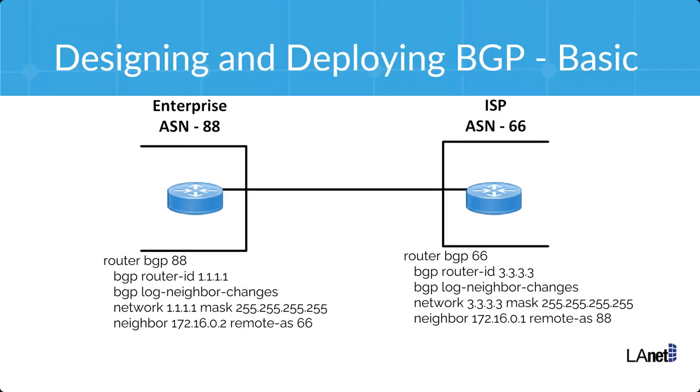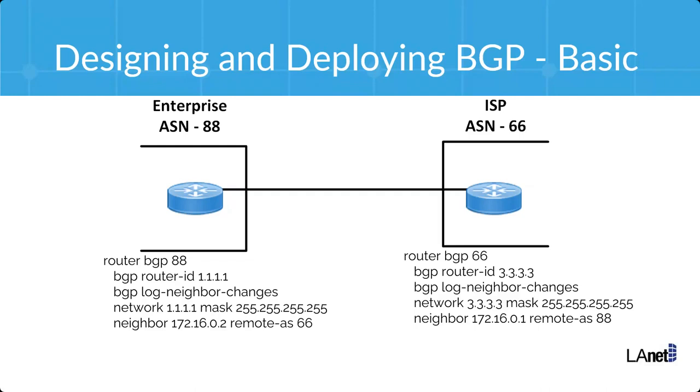I'm paired up with an ISP router. Their ASN is 66. And I just configure my neighbors, I put in my networks, and I'm done. Everything's done, right? Very simple and straightforward. It's EBGP only. There is no IBGP in this situation, because there's two different ASNs, we know it's EBGP.